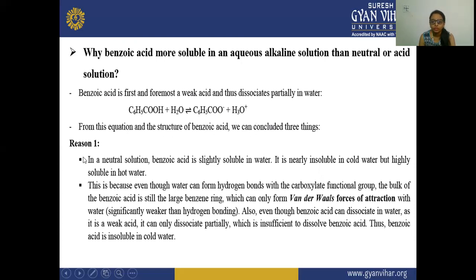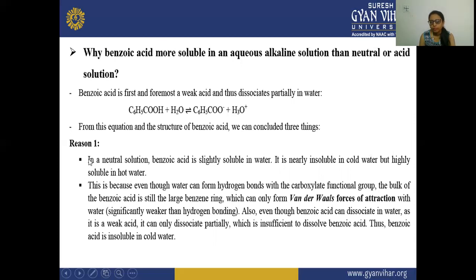Region one: in a neutral solution, benzoic acid is slightly soluble in water. It is nearly insoluble in cold water but highly soluble in hot water.